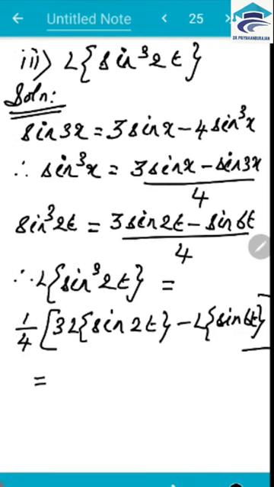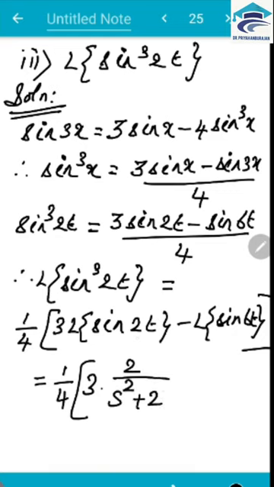This is equal to 1 by 4 into 3 into, so what is L of sine 2t? So sine at is a by s squared plus a squared. Here a is equal to 2, so it is 2 by s squared plus 2 squared minus, here it is 6 by s squared plus 6 squared.